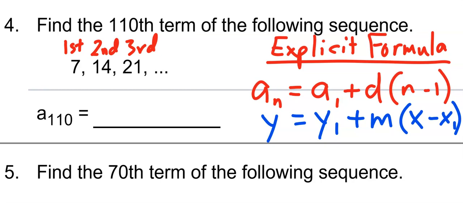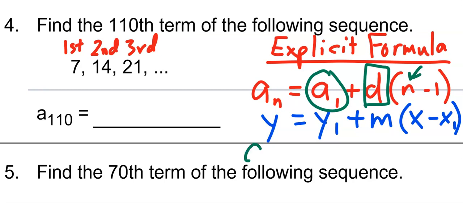It just looks different. So for this particular formula, we need to know the common difference, the first term, and the number of the term that we're looking for.